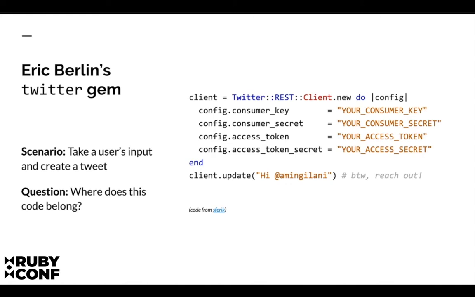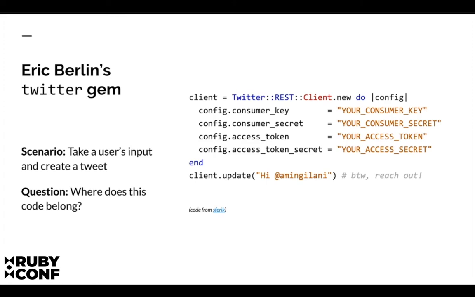It's a client. If you look at this closely, you're creating a client object with configuration, which is a consumer key, a consumer secret, an access token, and then access token secret. All these values you would probably get from Twitter.